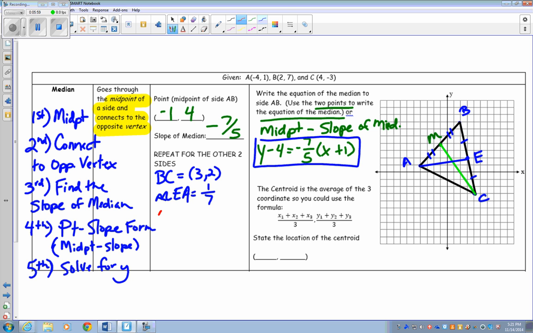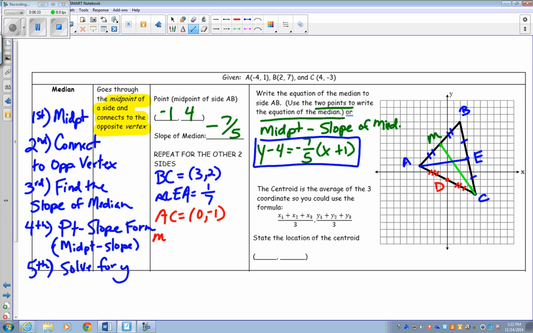AC's midpoint, I can physically see, is at 0, -1. Let's label that midpoint D. I haven't used that letter yet. So AC's midpoint is at 0, -1, and then I need to find the slope of that median.